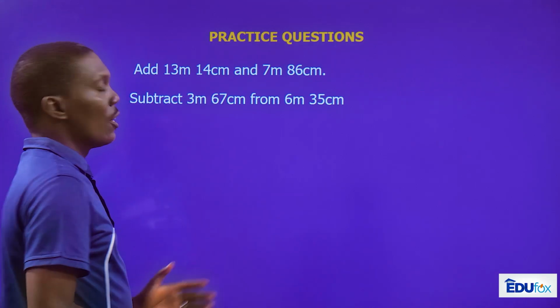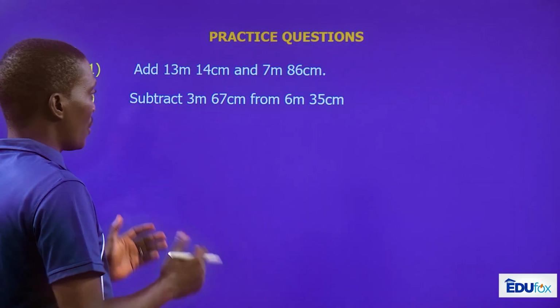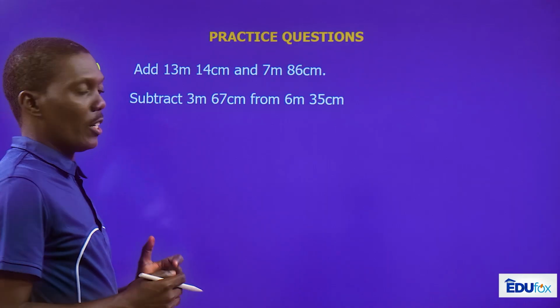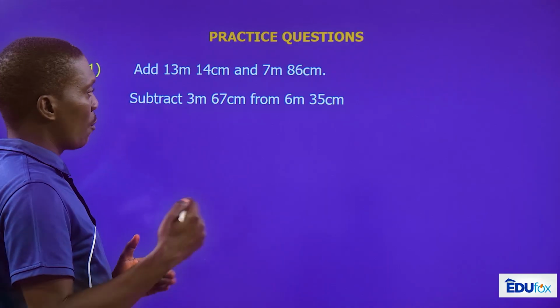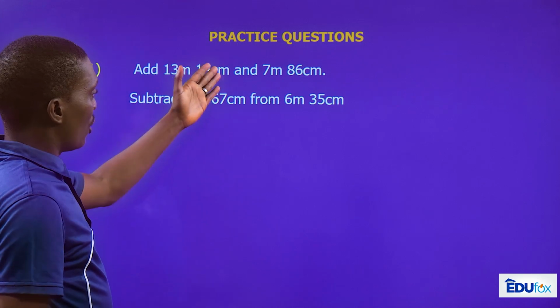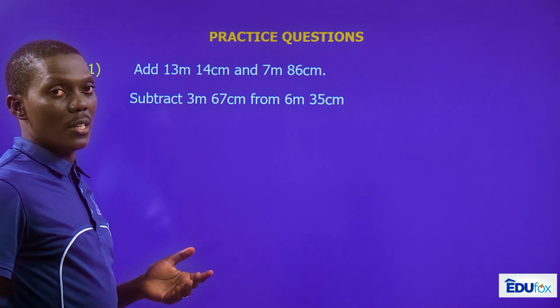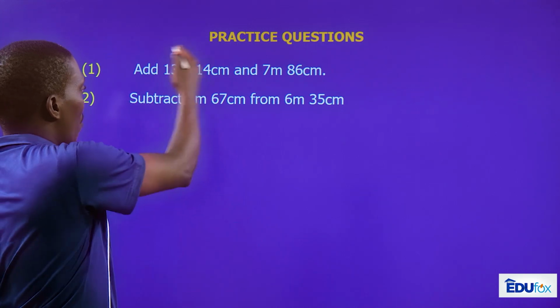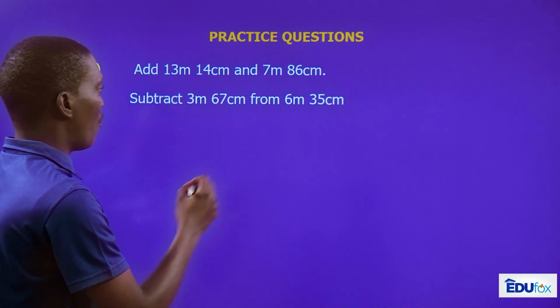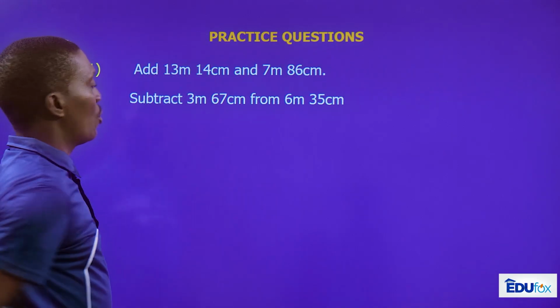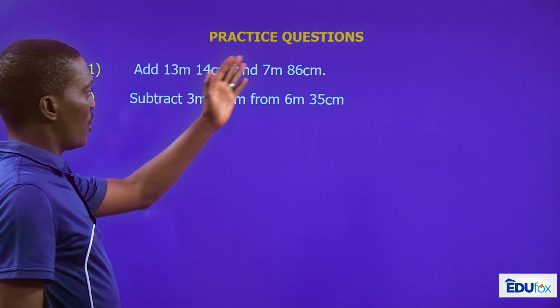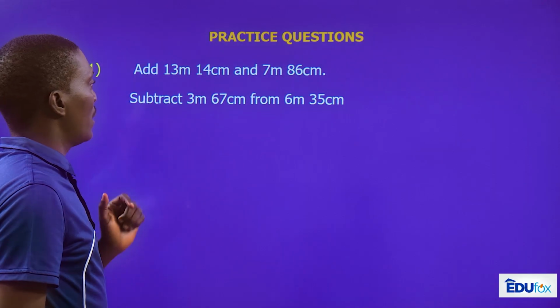If it's 100, you subtract 100. If it's greater than 100, you subtract 100. How many times you subtract 100 until you have your answer less than 100 will now become the meter part. So we'll just take the value there and add to the meter part. Remember, 100 centimeter makes 1 meter.